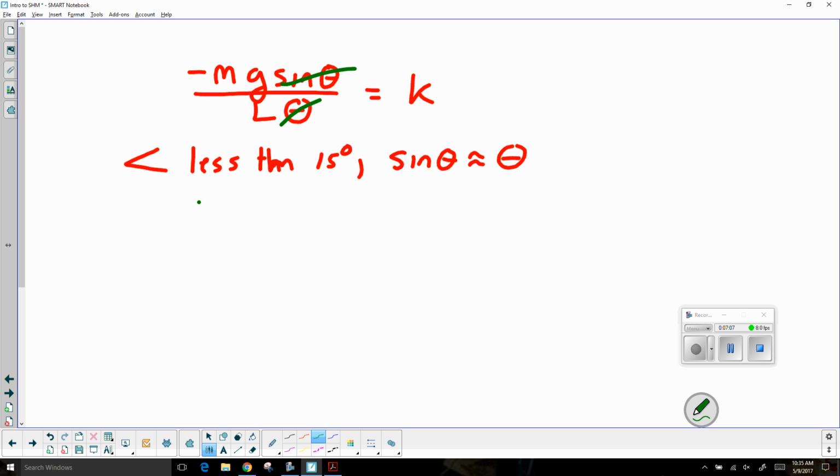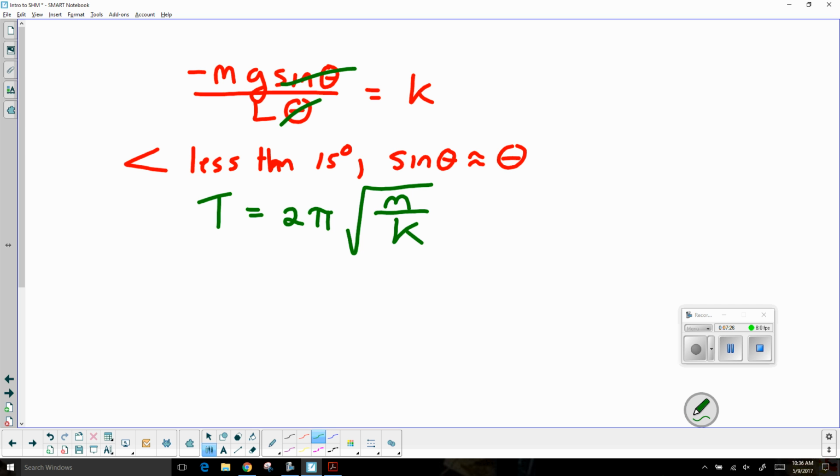Well, let's look at the time period of a mass spring system. Again, we can use this equation because a mass spring system experiences SHM just like a pendulum.